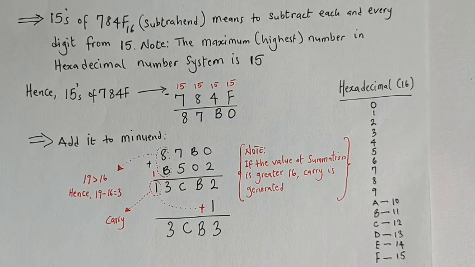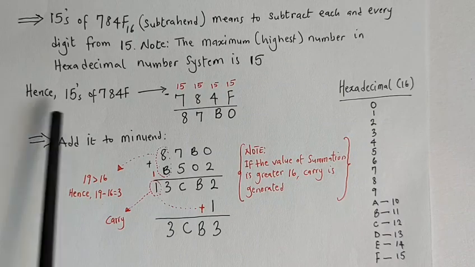For you to take the 15th complement of any number, you need to subtract each and every digit from 15, because 15 is the maximum number in the hexadecimal number system. So now let's go into a practical example on how this is done.